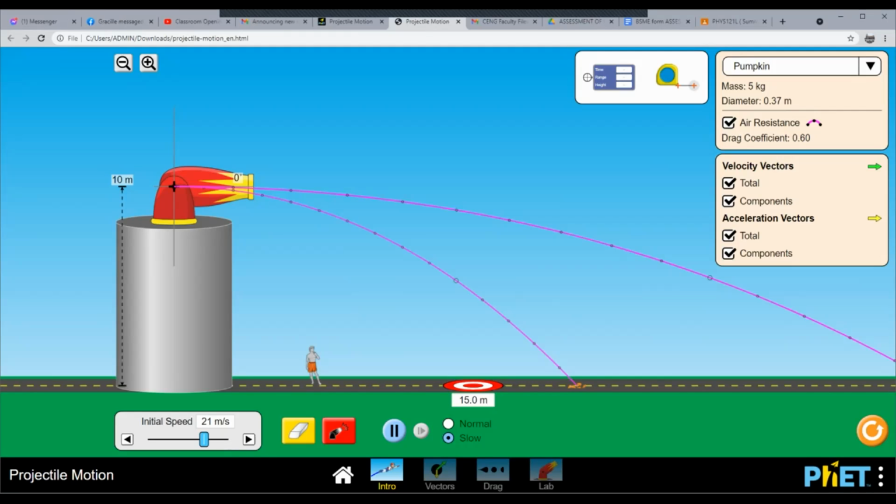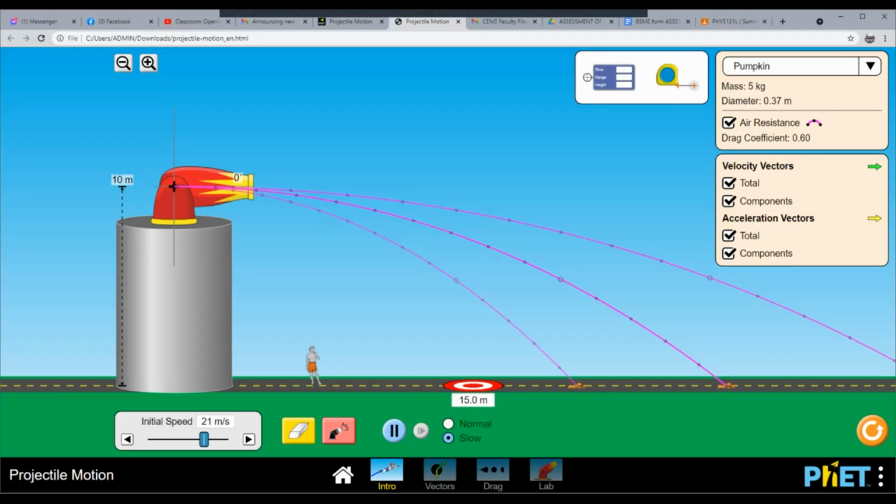Okay, lagay natin sa 20 meter per second. Okay. So, mas umikli na ngayon yung kanyang distance. So, from the 15 meter here, which is the target point, kung nag-increase tayo ng speed, the 30 meter per second, you would notice na mas malayo dun sa target. Nandito yung target natin na 15 meters.